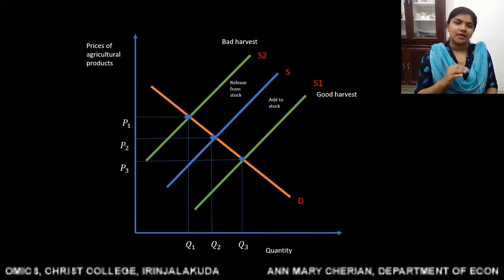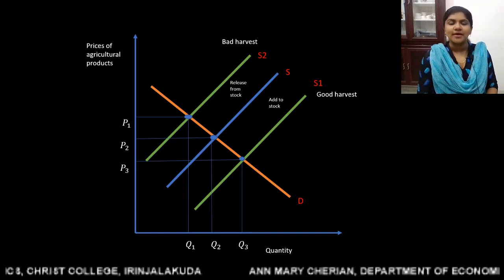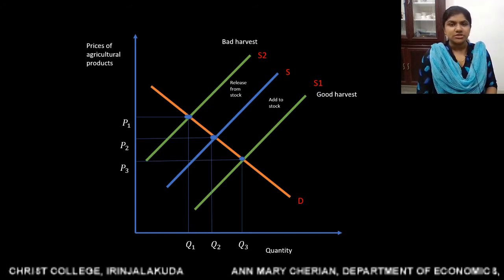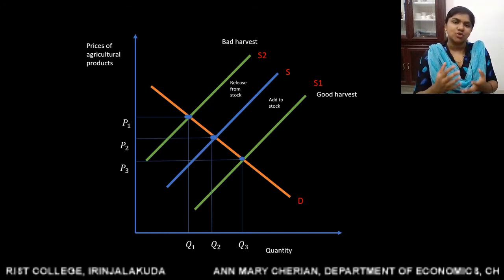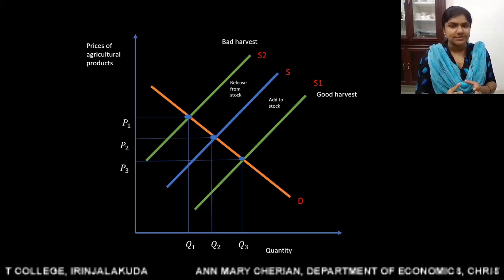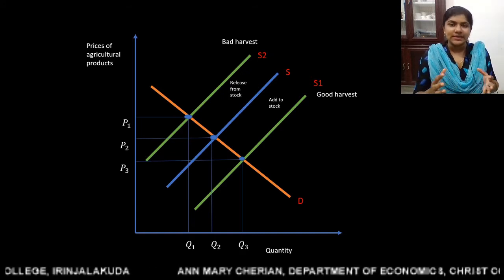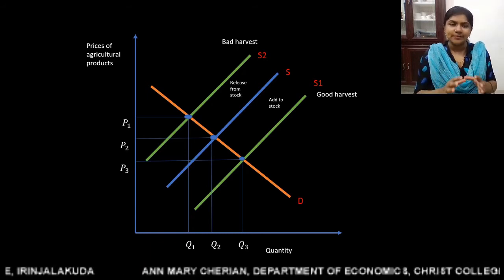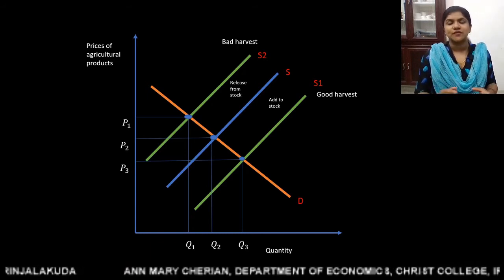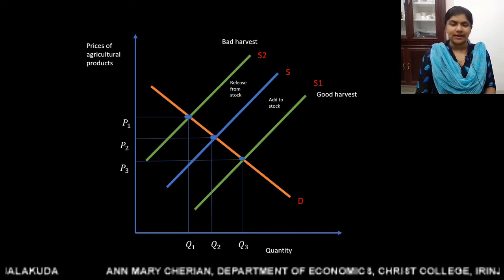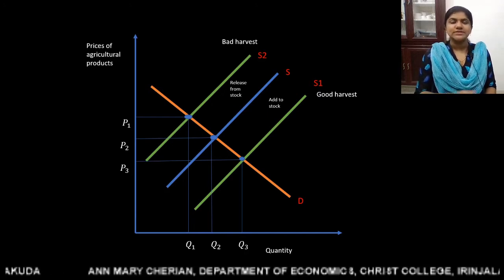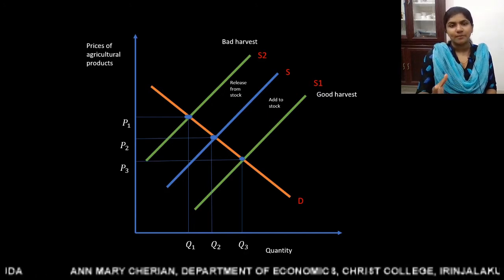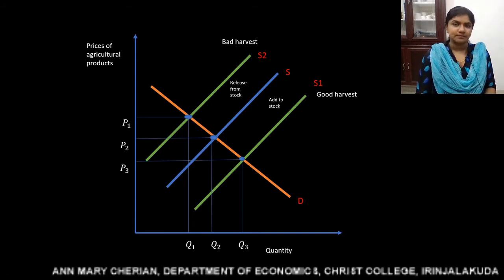So in the time of bad harvest, government will release the stock that it has in hand and increase the supply of farm products in the market, and thereby stabilizes the prices of agricultural commodities. So this is how a buffer stock mechanism operates.